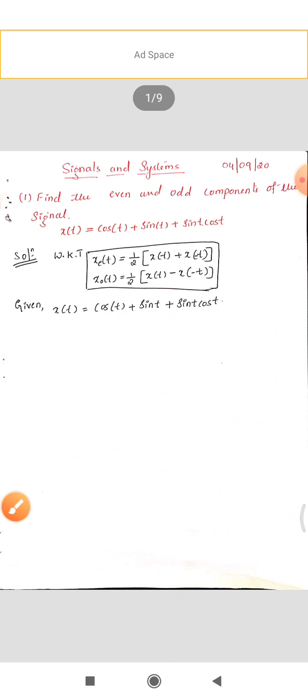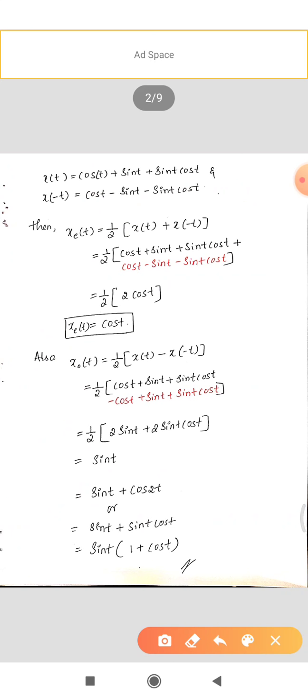Okay, let's take that one. We have the equation x of t, and we have calculated x of minus t, so both we have along with us. Then we'll calculate xe of t. Just observe what we have to do: half x of t plus x of minus t.